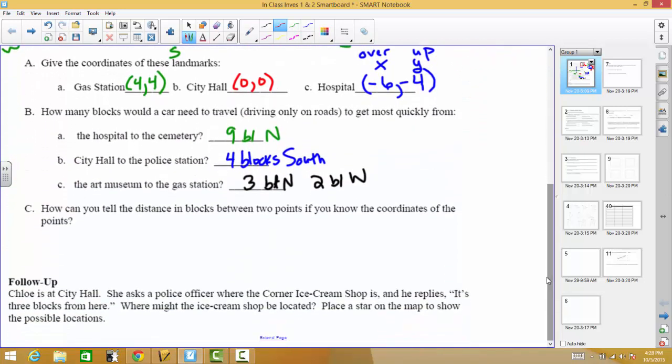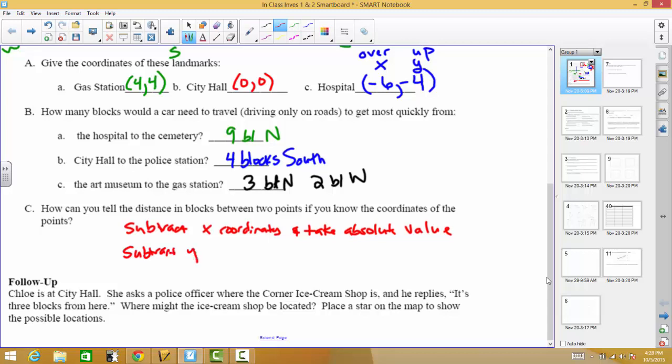So if you go here, you would subtract the x coordinates and then take the absolute value, subtract the y coordinates and take the absolute value, and then add those numbers together.